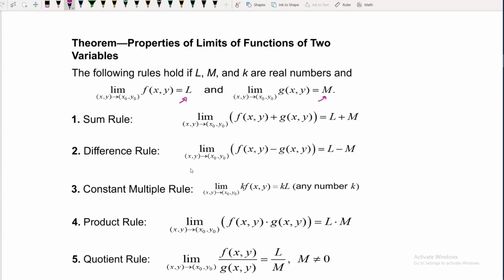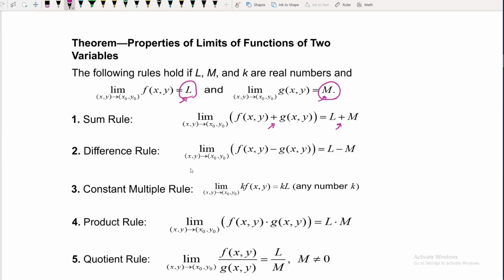Here we have limit as (x, y) approaches (x naught, y naught) of f of x, y plus g of x, y. So we're going to use what we had on this part and add here. So we have L plus M.